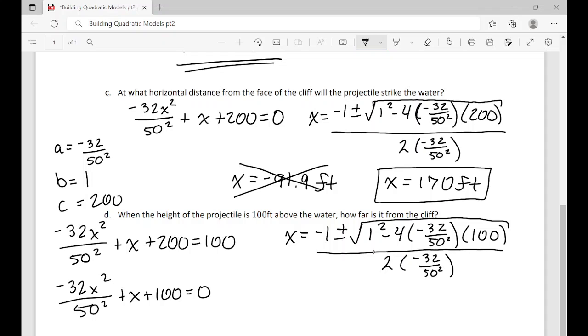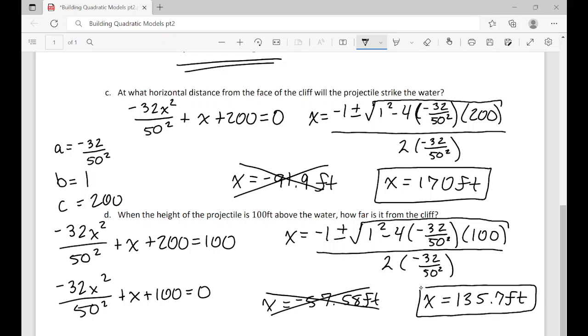Now again, when you plug this all into a calculator, you are going to get two answers. Those two answers are x equals negative 57.58 feet, and x equals 135.7 feet. Just like before, we can't have negative distances, so the negative 57 feet we can just get rid of, and we just keep the positive distance here of 135.7 feet.